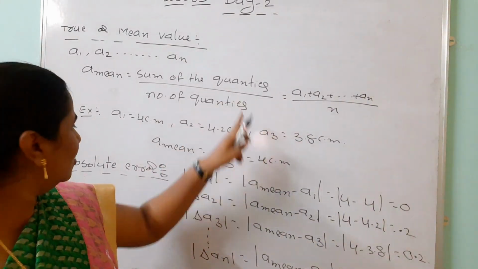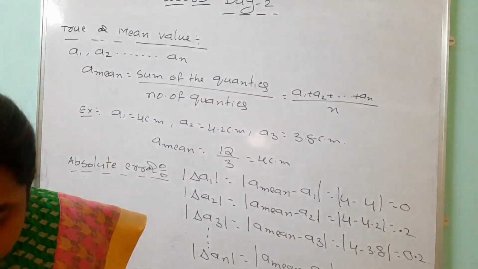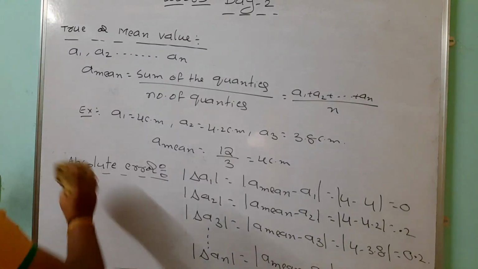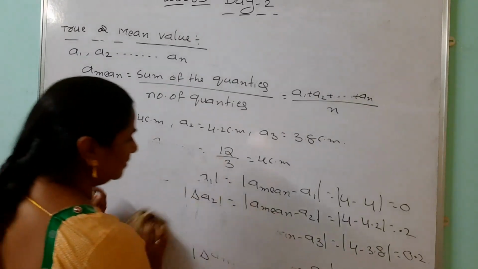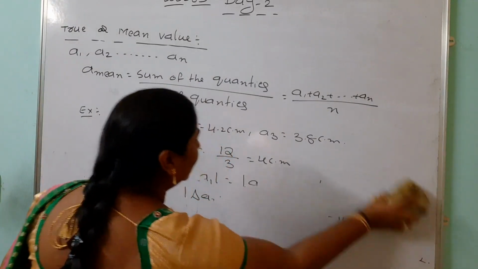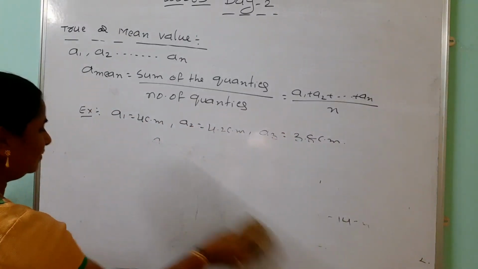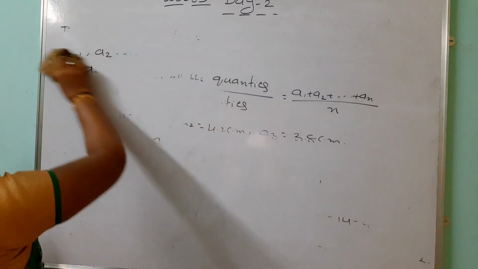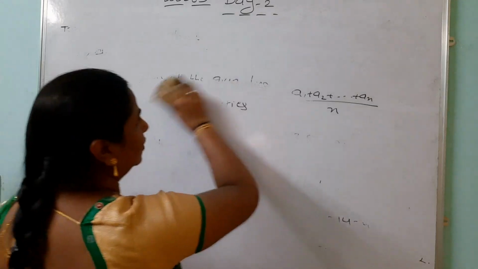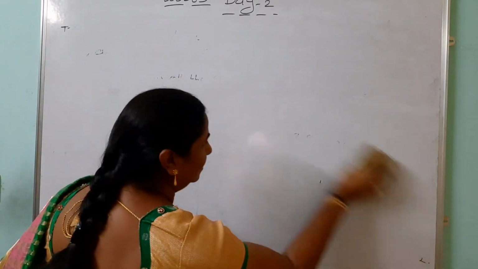So A mean is over, absolute error is over. Then we can go to the mean absolute error. How to find out the mean absolute error? Sum of the absolute errors divided by the number of quantities. That is the mean absolute error.